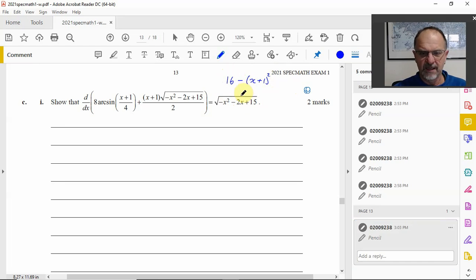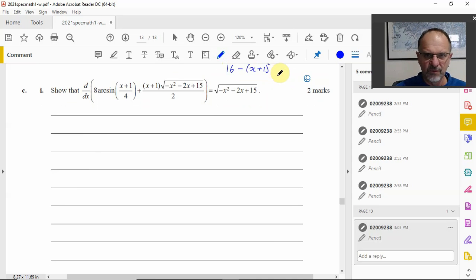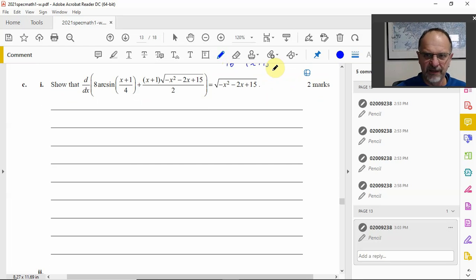I just want to point that out because I'm going to convert from that to this later in the way I'm doing it. There's a few different approaches you could take, but effectively they all use the same kind of ideas.